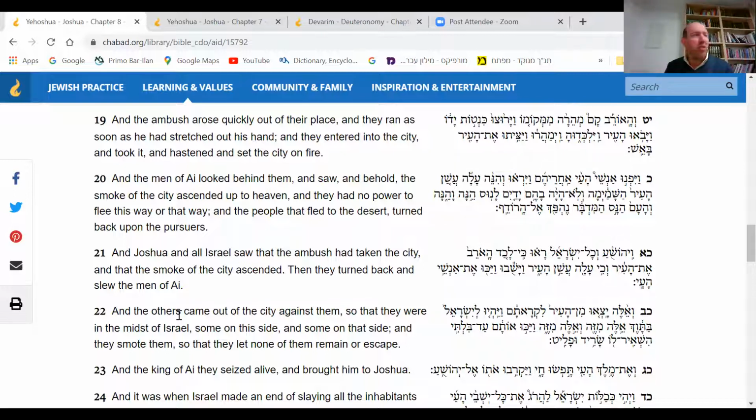It's not only that he learns from the previous failure by taking all the people, but he's actually using the defeat in order to accomplish victory. How so? What brought about the success in this attack?